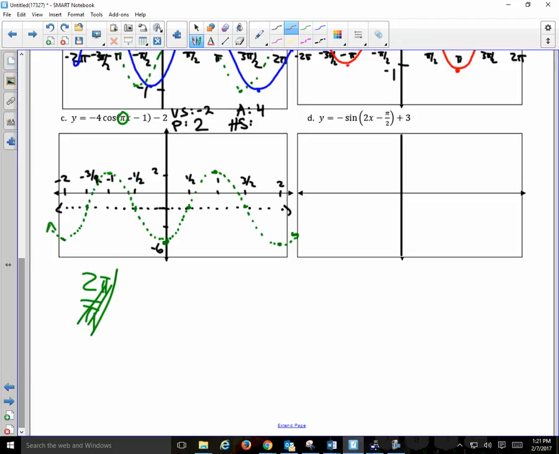I now am going to take the inside and set it equal to 0 and solve. So pi x minus 1 is equal to 0, or pi x is equal to 1, or x is equal to 1 over pi, which is about 0.3. How much of a tick mark is 0.3? Is it more than 1 tick mark?